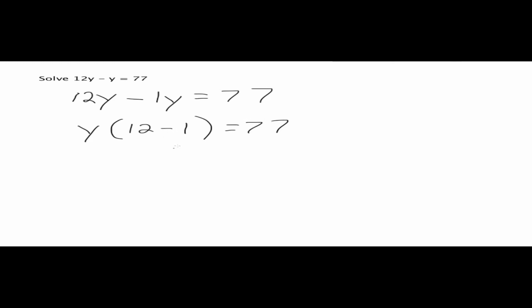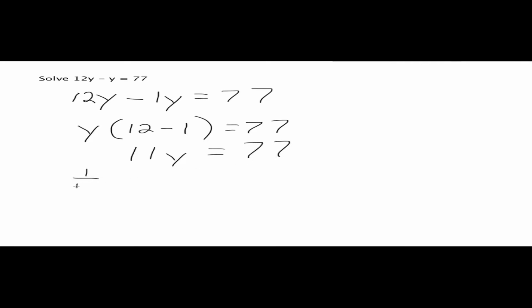But if we look at this as 12y minus 1y equals 77. Y's are our common factor, then that means that's y times 12 minus 1 equals 77. 12 minus 1 is 11, so 11y equals 77.